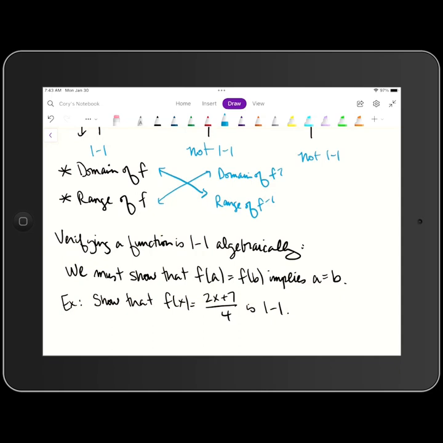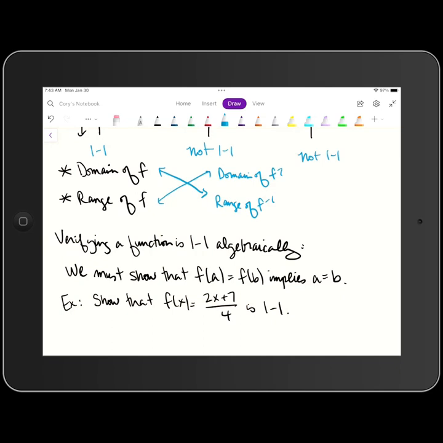If we want to verify a function is one-to-one algebraically, we must show that if f of a and f of b are equal to each other, that implies that a is equal to b. Again, if f of a and f of b are equal, that means that a has to be equal to b.